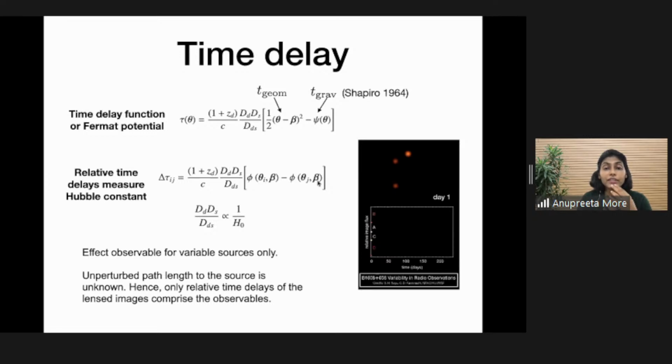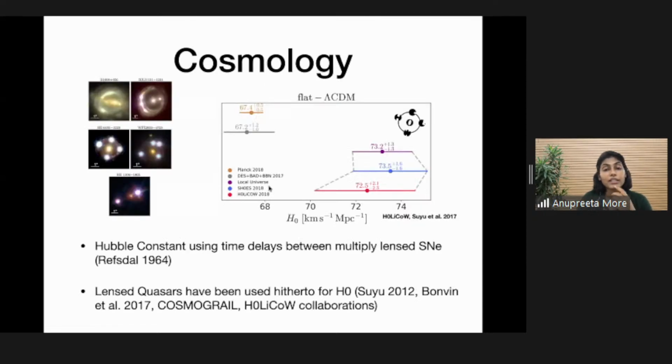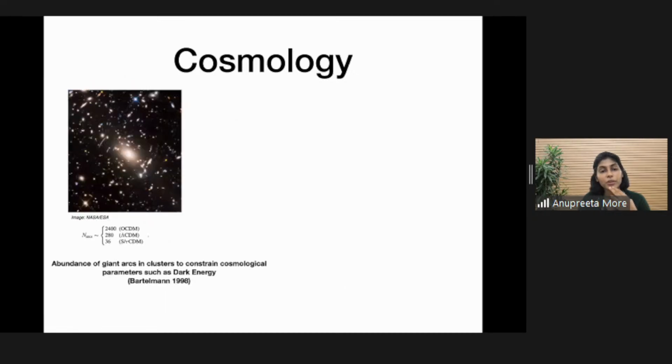So measuring this part is extremely important, and that's what these collaborations put a lot of effort into, and that's how they are able to get sufficiently good precision on the measurements of the Hubble constant. And here is one plot from one of their papers. There are, I think, many more new results which you can look at from this collaboration.